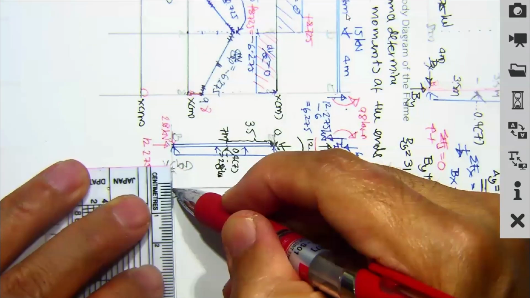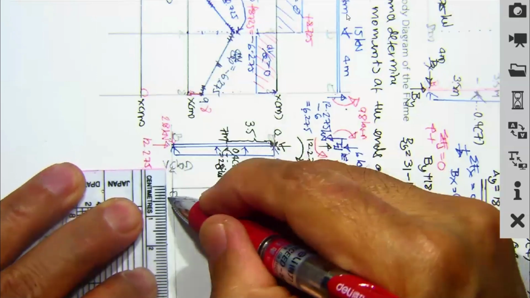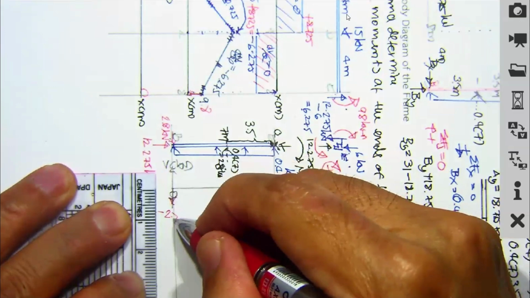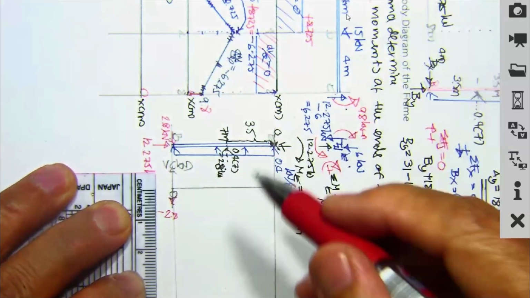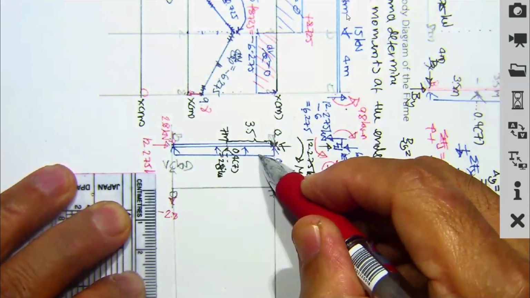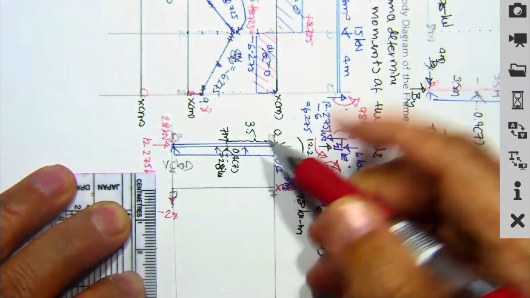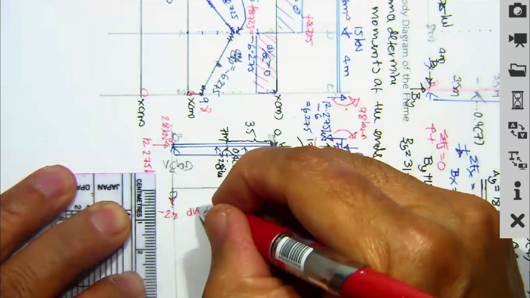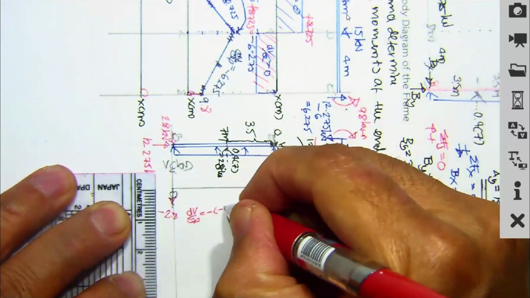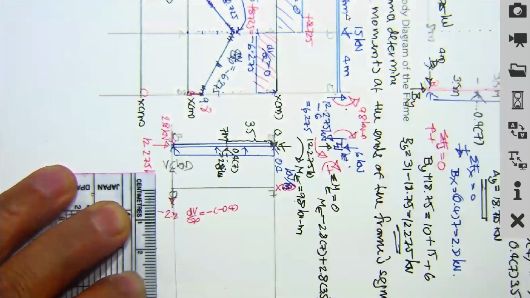So we have this one as negative, minus 2.8. Then, guys, this one is what? Upward. Okay, so dV/dx is going to be minus of the minus 0.4.